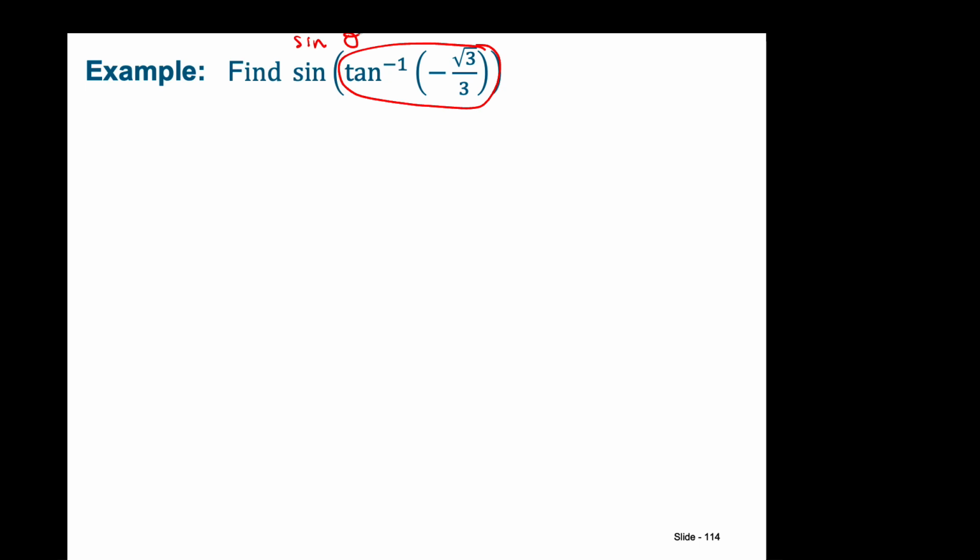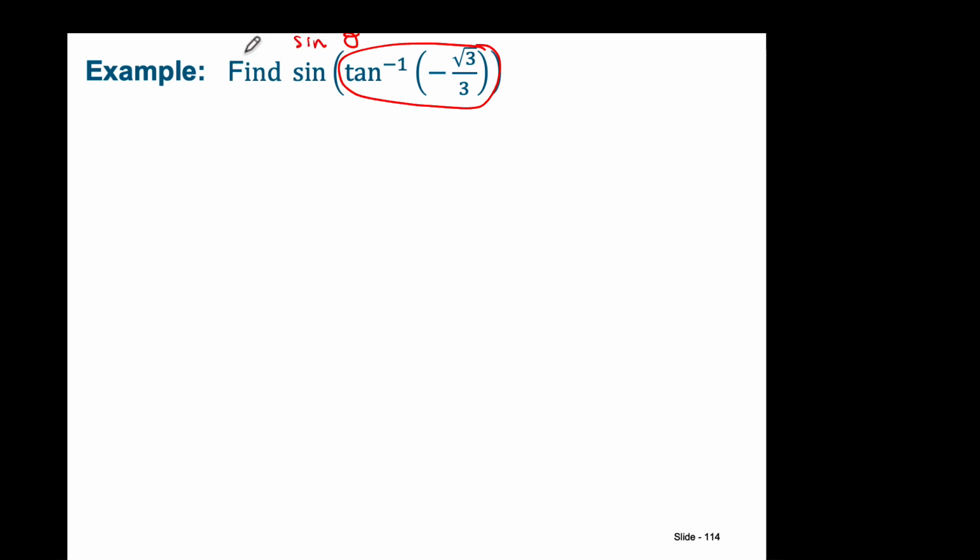We know what the sine function looks like and how it behaves. We could even use the unit circle. We've got so many tools if we're just talking sine of theta. But we don't have just sine of theta. We have sine of inverse tangent of negative radical 3 over 3.